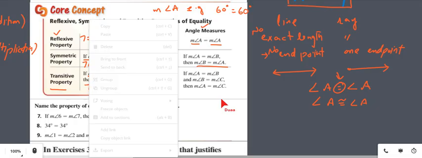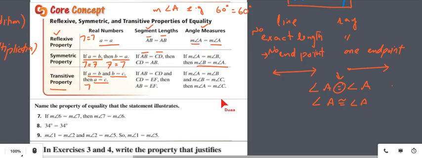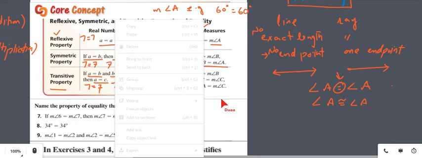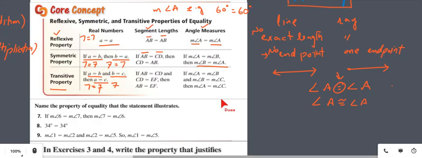This 7 equals this 7, and 7 with a cut equals this 7 with the curve, then the first 7 will equal the last 7. But this is a very interesting and very complicated property, the transitive property, because for you equality is just equality, but it is basically a relation.